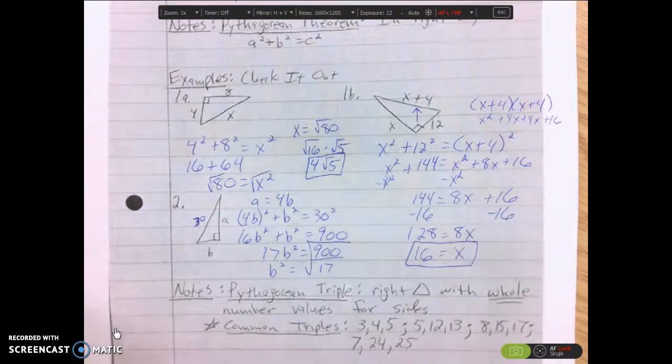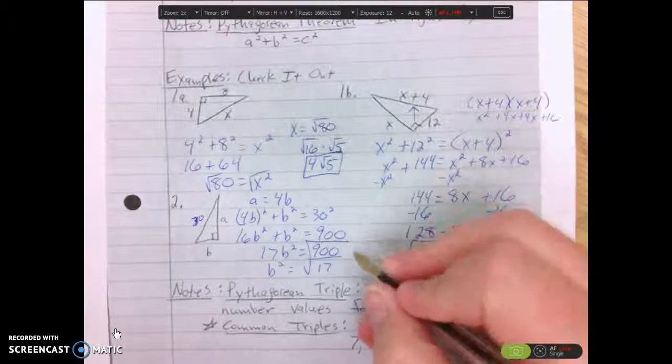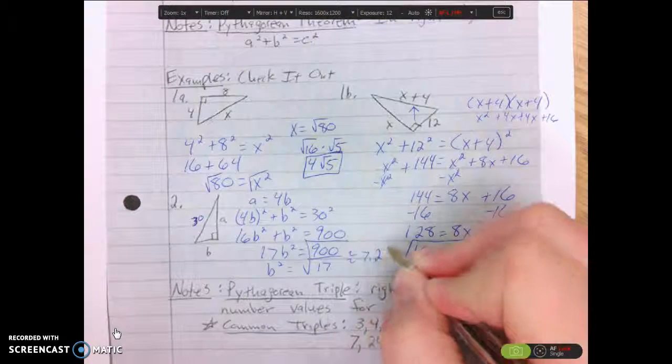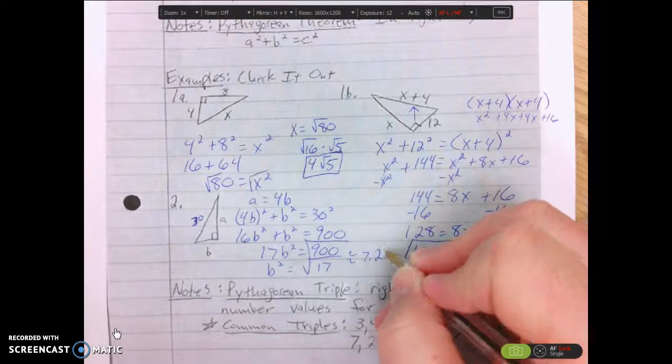So type that in your calculator. Square root of 900 divided by 17. Take the square root of that, and I get approximately 7.28 feet.